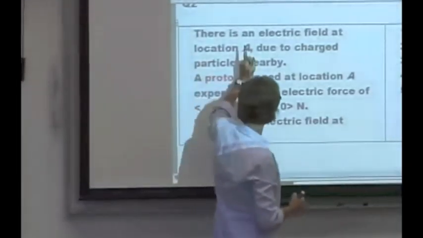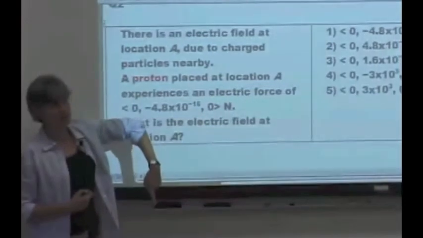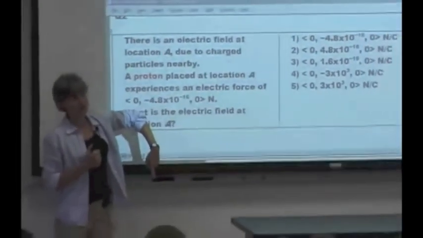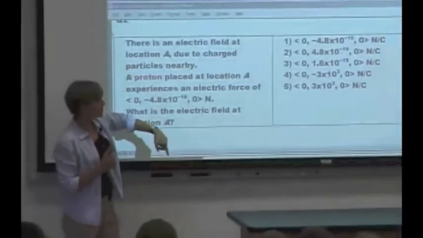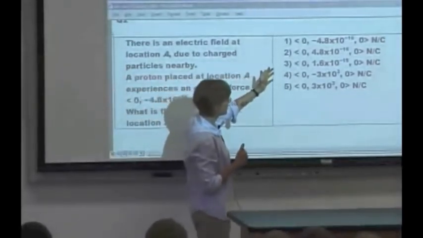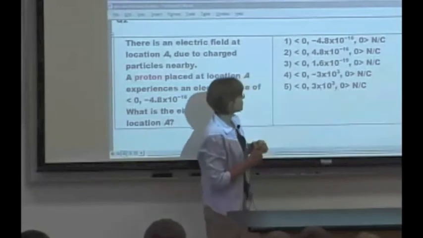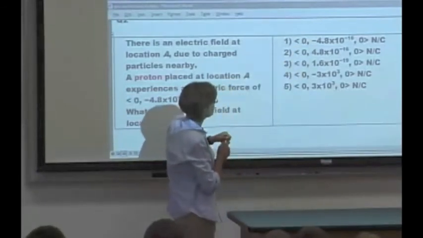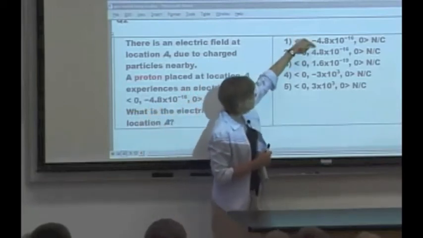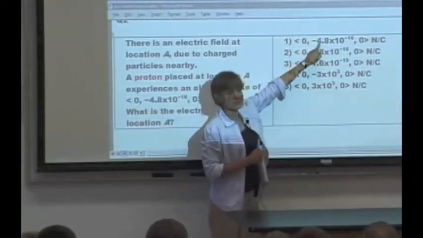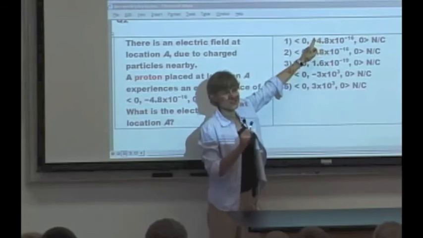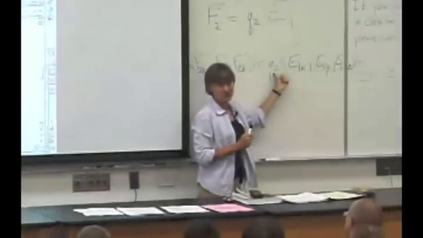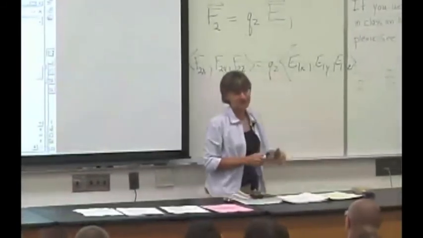The force on a proton was in the negative y direction. So what does that say about the direction of the electric field? Negative. Okay, so it better have a negative y component. It better have 0 x and z components, and there's actually only two possible answers. This one, you forgot to take into effect the fact that there's this q here, right?